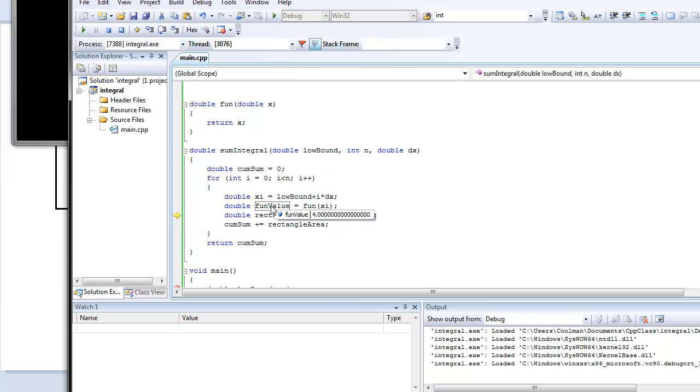We evaluate the function at 4. We know that the function is actually xi, so then we calculate the rectangle area. So we multiply it by dx and return the cum sum. So finally we get 15.6.